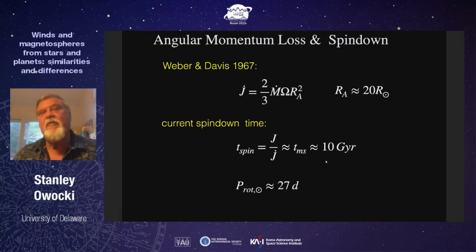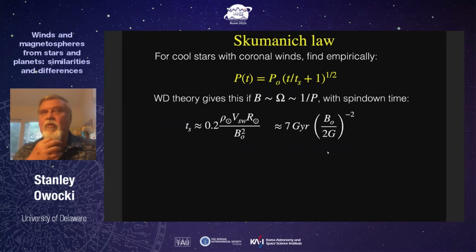The amount of angular momentum lost is given by a scaling law first derived by Weber and Davis in the 1960s: mass loss rate times the rotation frequency times the Alfvén radius. The Alfvén radius is how far the magnetic field can force the wind to carry away angular momentum, and that turns out to be about 20 times the solar radius. The upshot is that the time it takes for the solar wind to spin down is comparable to its main sequence lifetime. This is possibly one explanation for why the sun is such a slow rotator.